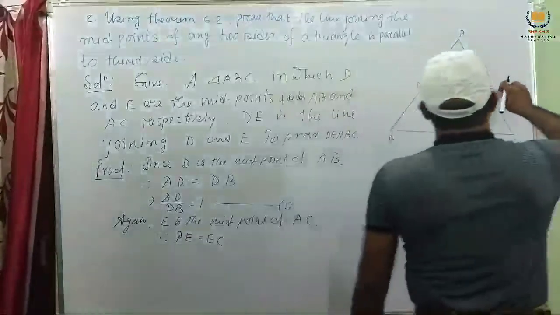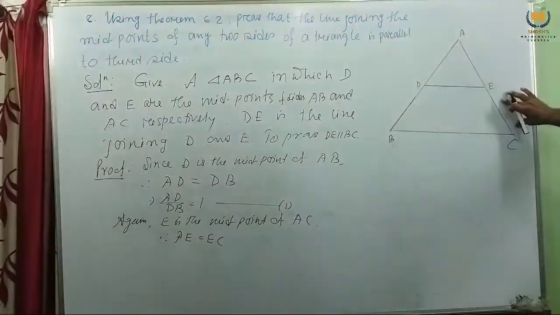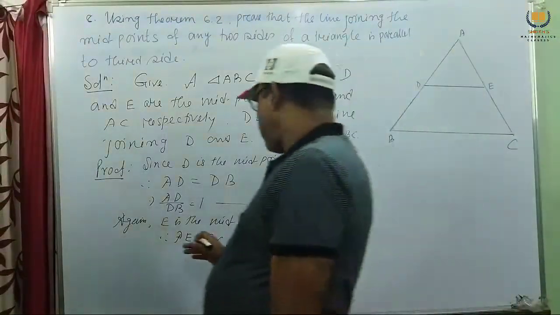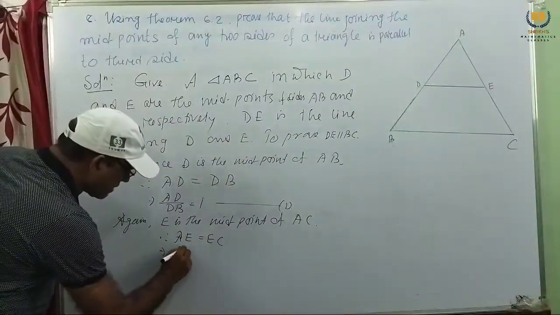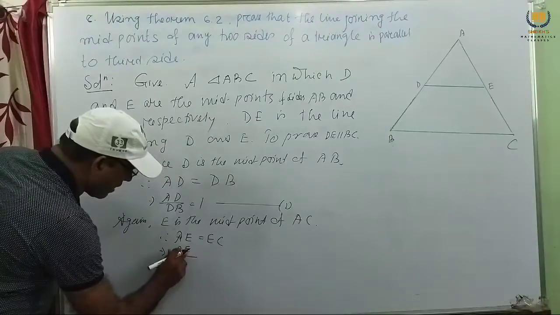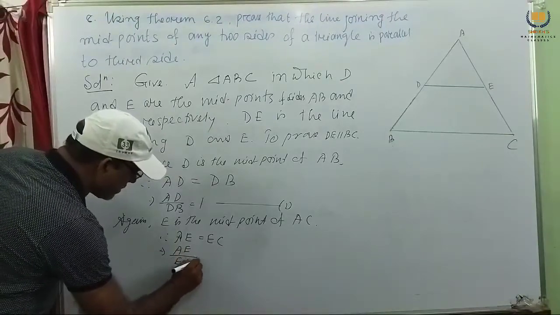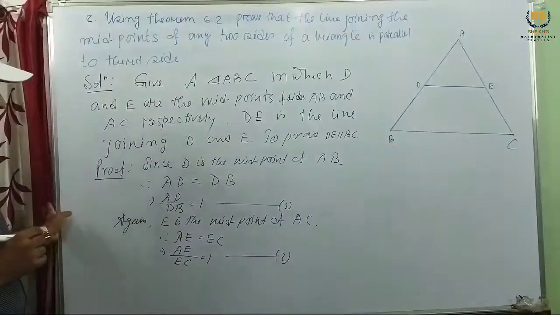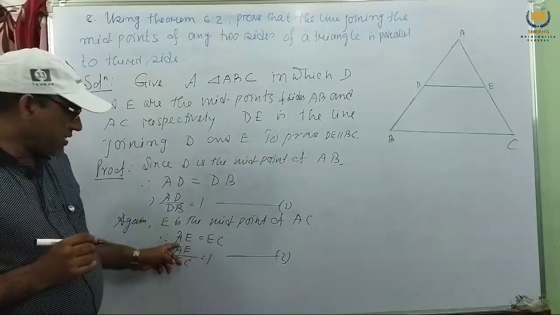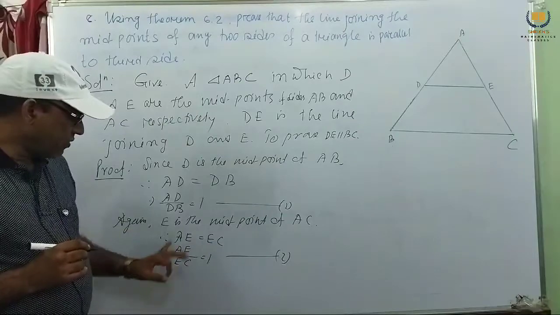If this is the midpoint, then this length and this length are equal. Now we can write AE equal to EC. This implies AE by EC equal to 1. This is number 2 we consider. So if we divide both sides by EC, then this will be 1 and we get 2.